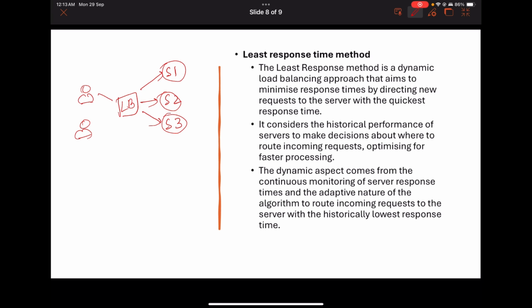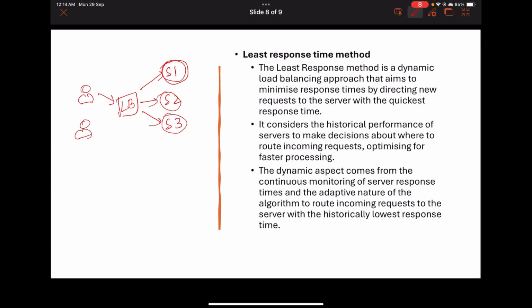Depending on that, the incoming request will be redirected to the server with the least response time. So it considers historical performance and makes a decision about where to route the incoming request, optimizing for faster processing. The dynamic aspect of this comes from the continuous monitoring of the servers and their response times.